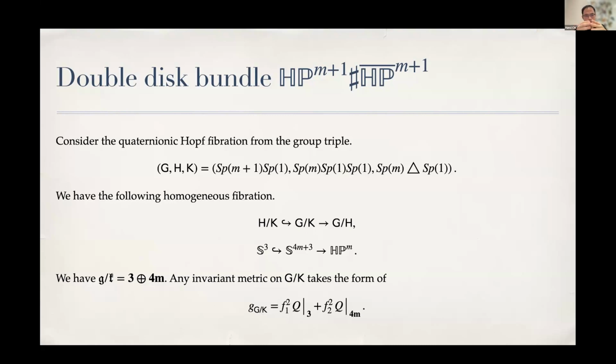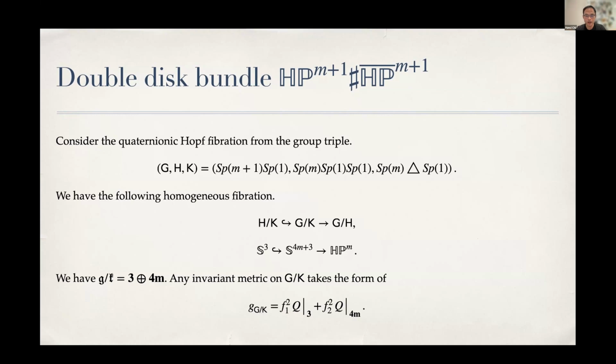So if you more specifically choose the group triple G, H, K as shown here, G/K is actually the total space of an S^3 bundle over HP^m. And furthermore, if you look at the isotropy representation, it actually splits into two irreducible summands. One is 3-dimensional and the other one is 4m-dimensional.